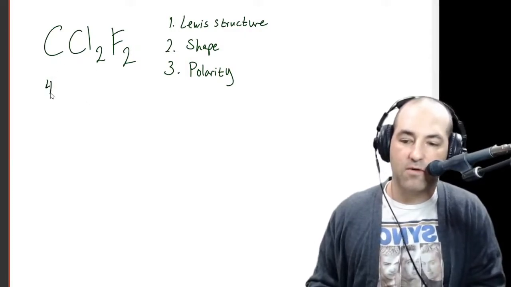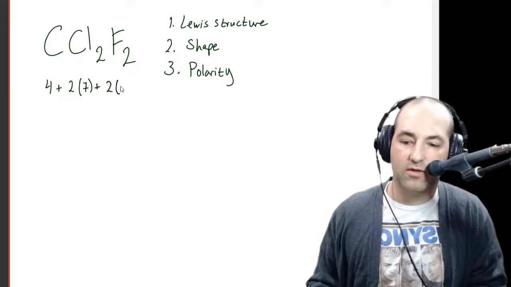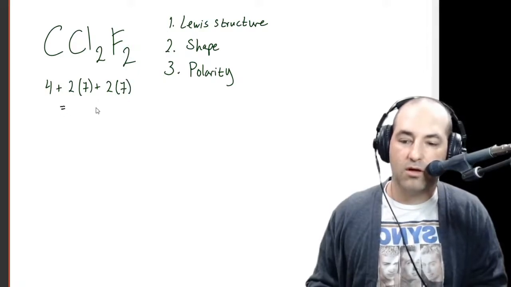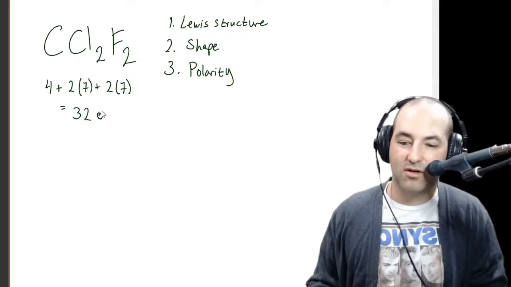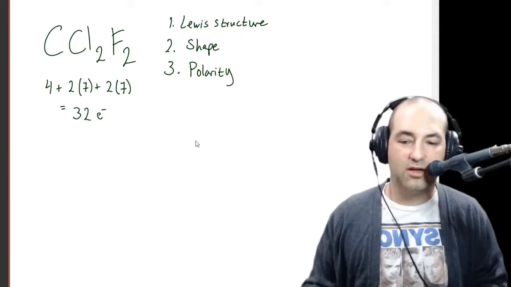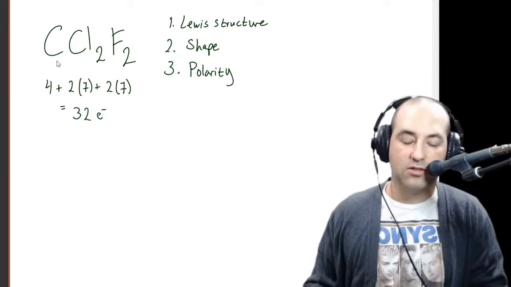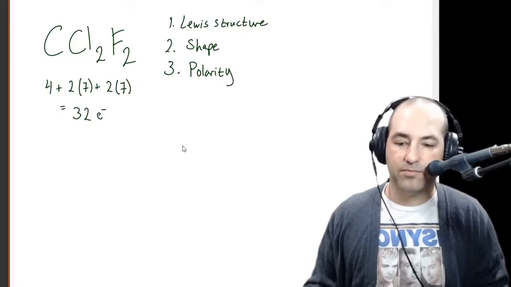CCl2F2, that's going to be 4 electrons for carbon, 7 for each chlorine, and there's 2 of those, and then 7 for each fluorine, and there's 2 of those. So that is a lot of electrons, 32, I think, right? Yeah, so we've got 32 total electrons in this compound. We're going to assume here carbon is the central atom.